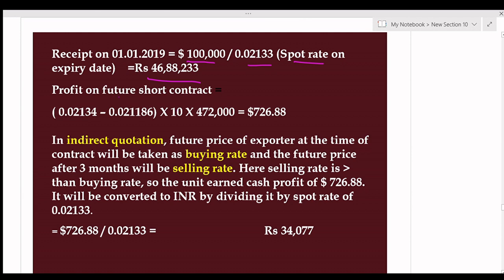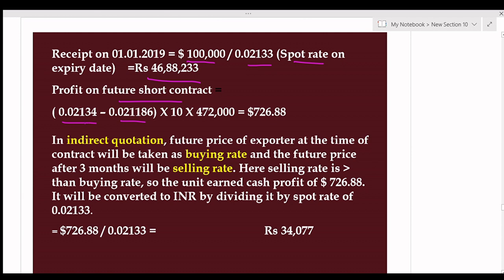Profit on future short contract: 0.02134 minus 0.021186. This is very important. In the direct quote, if the spot future rate is greater than the expiry future rate, then the exporter will gain.